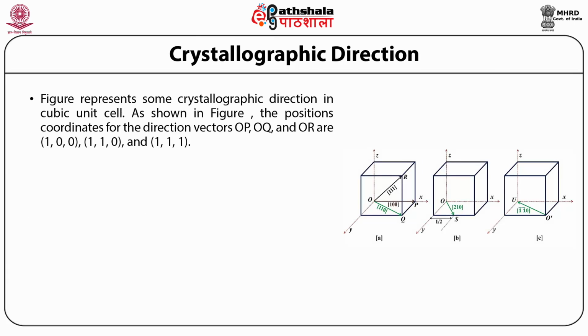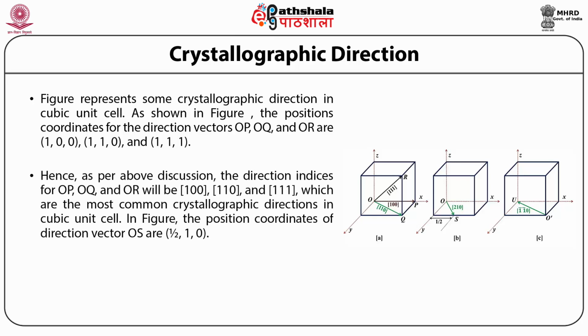The figure below represents some crystallographic directions in a cubic unit cell. As shown in figure A, the position coordinates for the direction vectors OP, OQ, and OR are 100, 110, and 111.